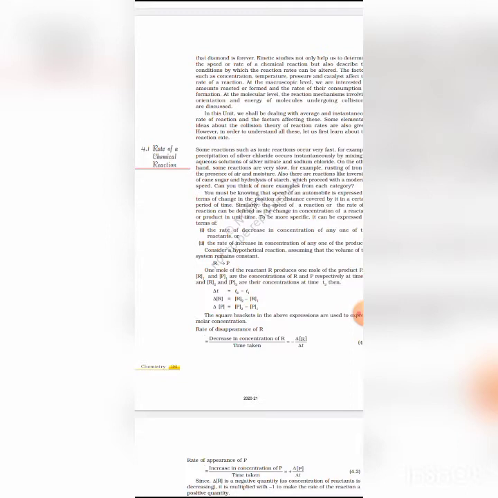The minus sign for del R by del T indicates the decrease in concentration of the reactant, and gives a positive value of the rate. Units of rate are mole per liter per second, or atmospheric pressure per second for the gaseous reaction. Okay.